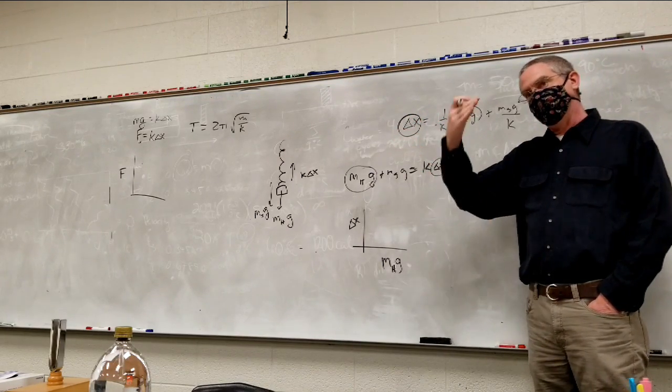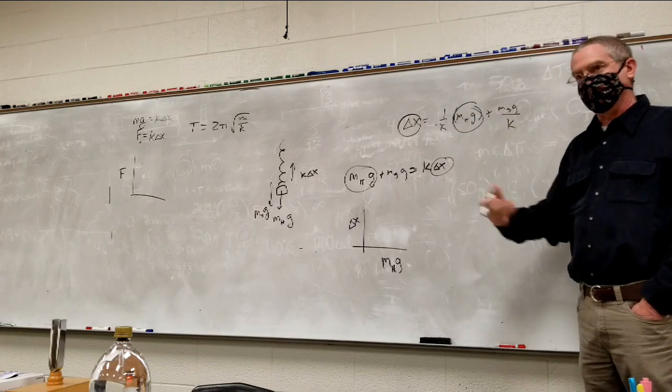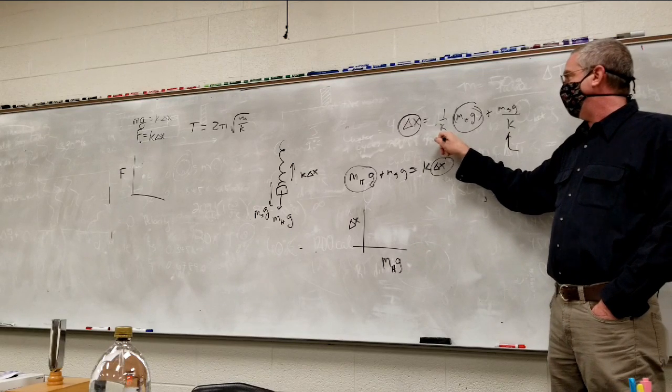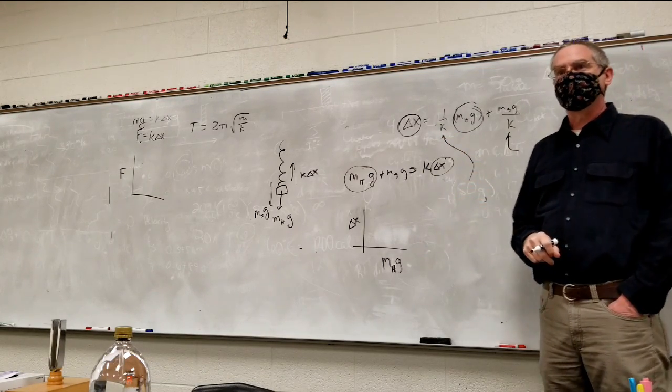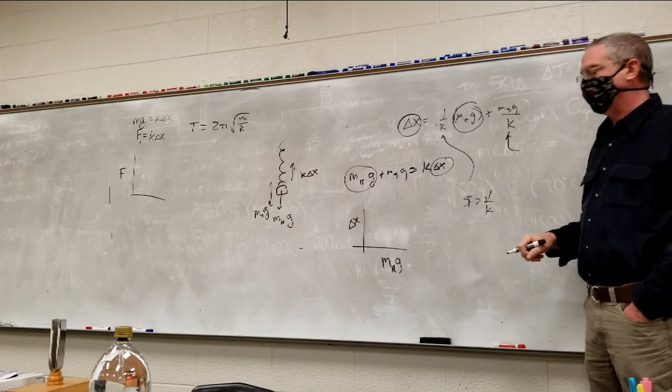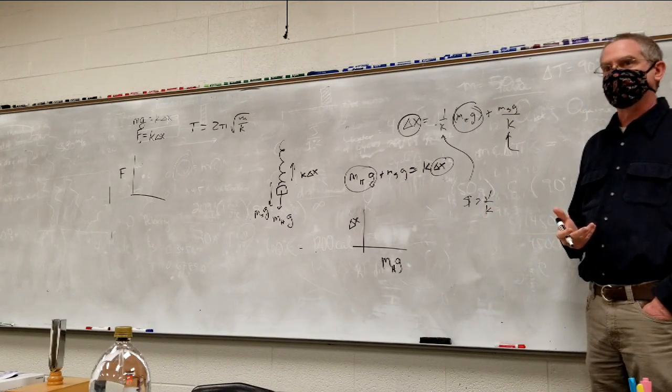So that's my horizontal variable. That's my intercept. And that is the slope. Okay. So from that, you can figure out what the spring constant is.